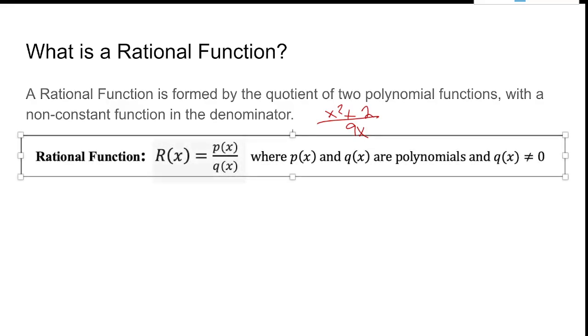So again, we think of a rational function as having a polynomial in the numerator and a polynomial in the denominator. Again, the denominator is not constant, and additionally, the denominator cannot be equal to 0, because that gives us the problem we've been having with the domain, division by 0.